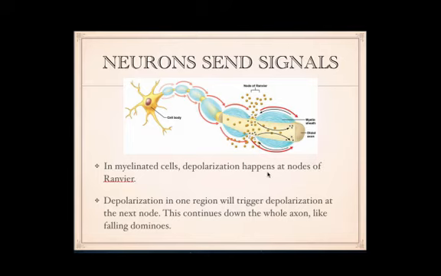So it's kind of like a chain of dominoes. Depolarization and rushing in of sodium here triggers depolarization and rushing in of sodium here, which is going to happen all the way down the axon, the length of the axon, until we get to the very end.